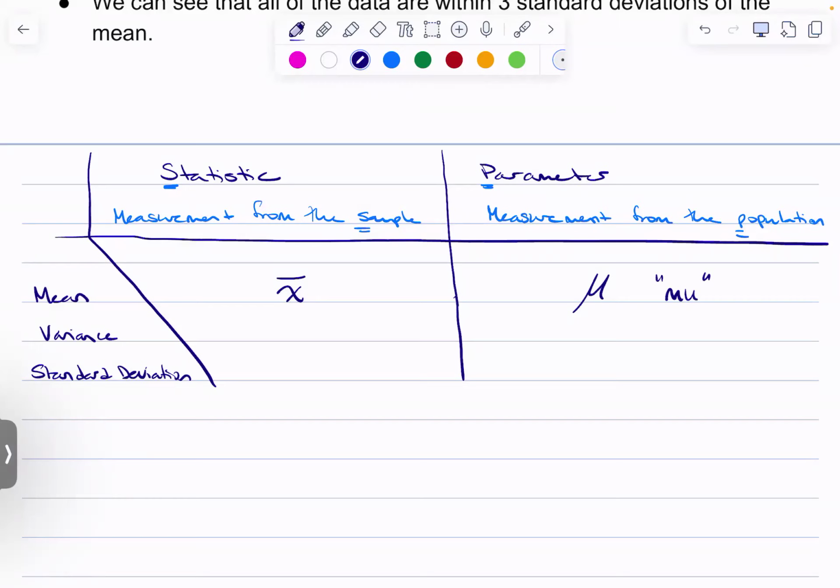The variance, when we've calculated it, is from the sample. So any calculation that we do is a sample calculation. Our notation was a lowercase s squared for the variance.